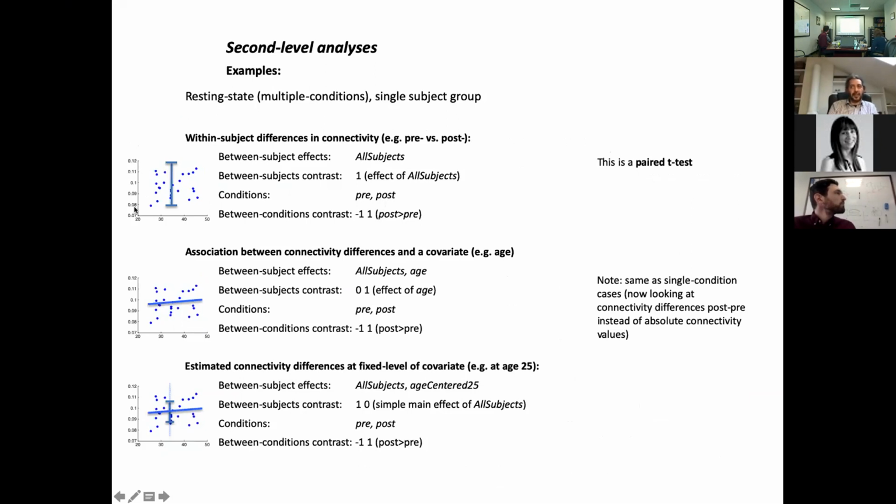For that particular difference in conditions, every dot is a subject, but instead of displaying the activation in the two conditions, which would require two dots, we are just plotting one single dot that encodes the difference in activation between the two. So the y-axis will be the difference in activation between post and pre intervention, or between fast and slow, and the x-axis will be the same, in this case age.